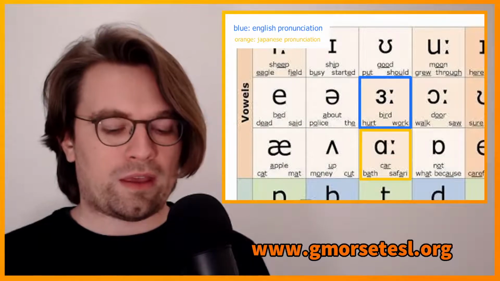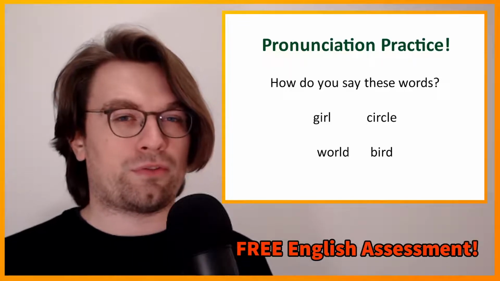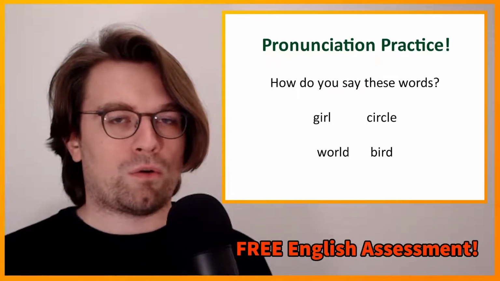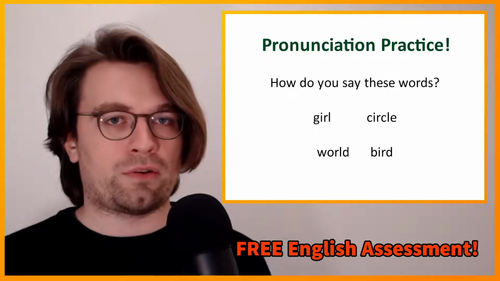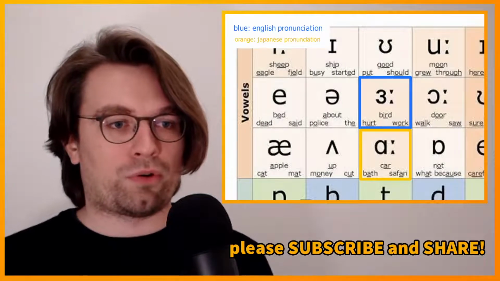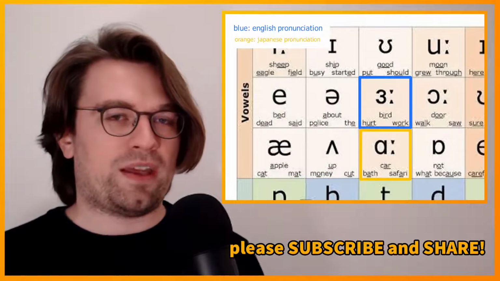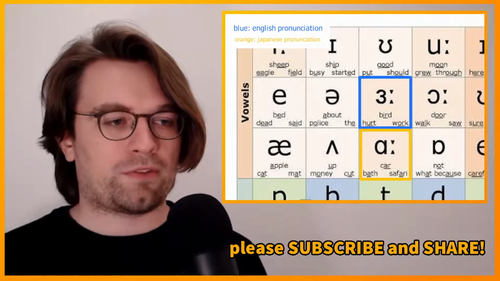So if you're saying a word like girl in Japanese, it probably sounds close to garu, right? Or if you're saying the word circle in Japanese, it sounds close to sakuru, right? But we don't want the ah sound, we want the other sound. And that sound is shown in the blue box on top of the orange box.